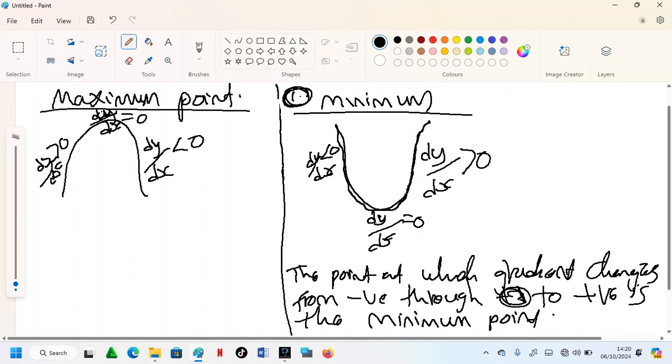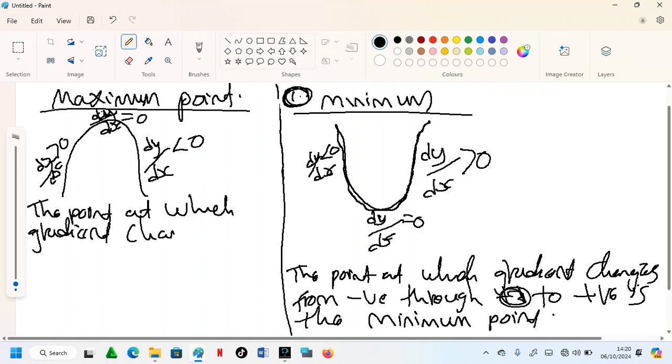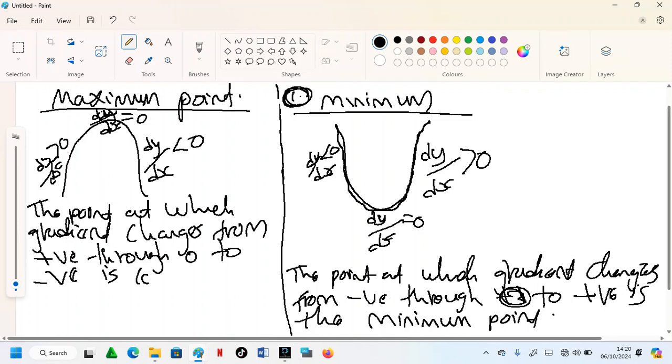So you can say that the point at which the gradient changes from positive through 0 to negative is called the maximum point.